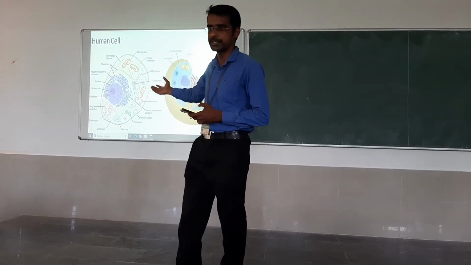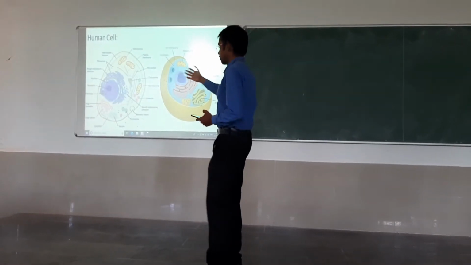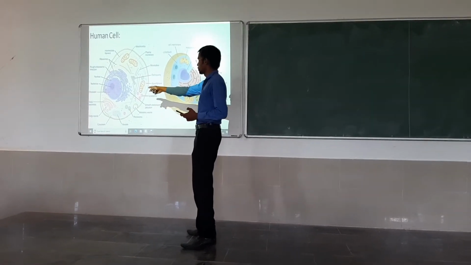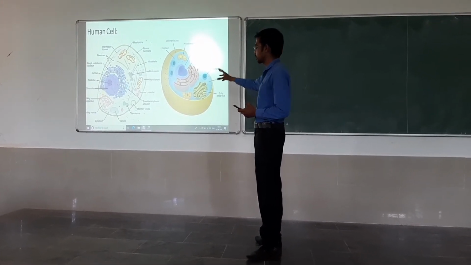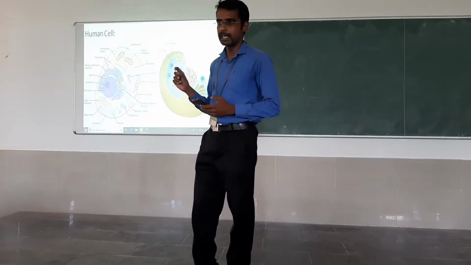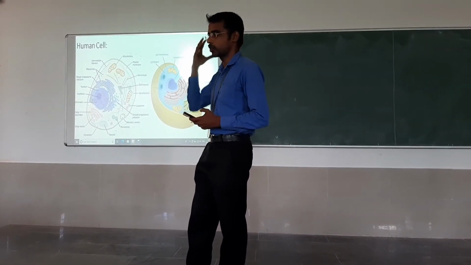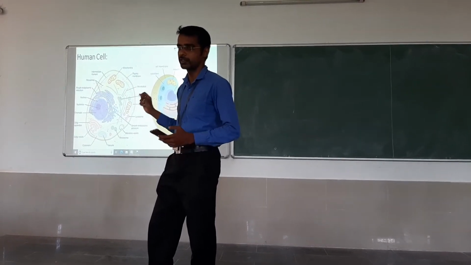So this is a human cell. At least the biological students might know it, as this is taught in school. This is a 3-dimensional image of the human cell, the basic building block of the body. Our human body, or any animal, is built with millions and trillions of cells.